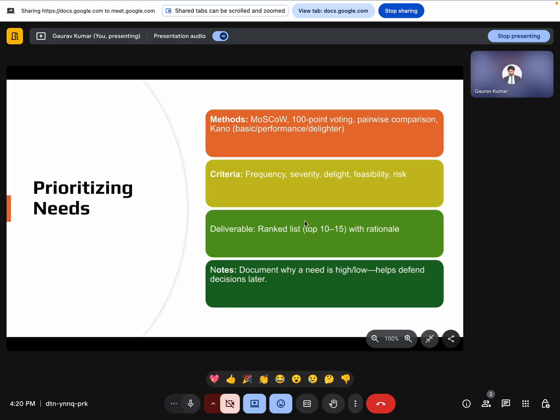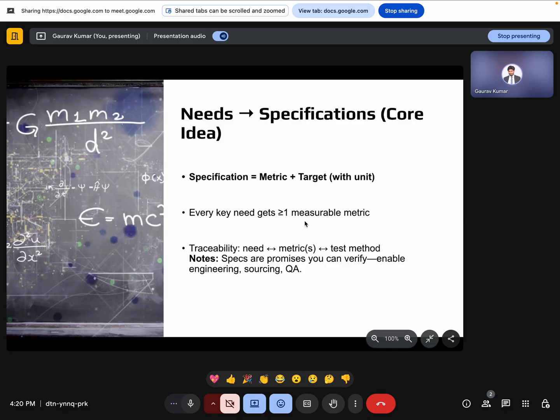Okay, next is needs to specifications, that's the core idea. Specifications translate a need into something we can test.